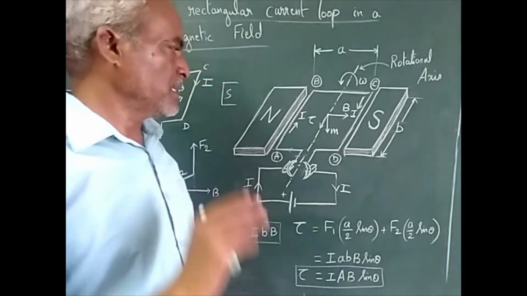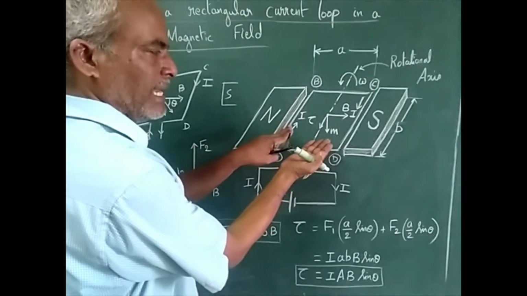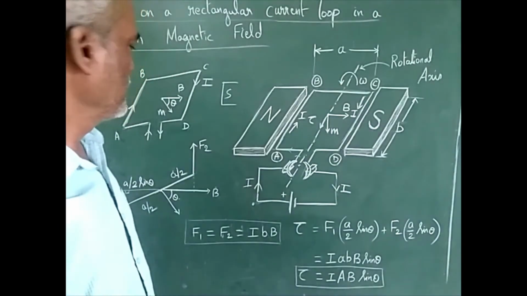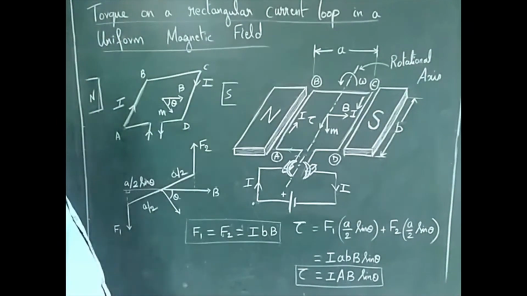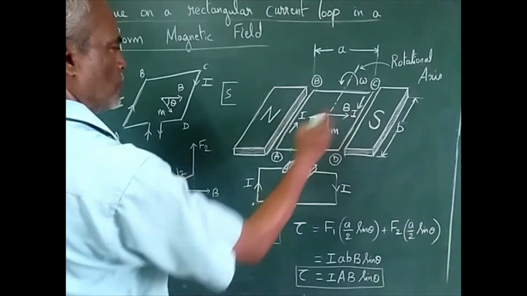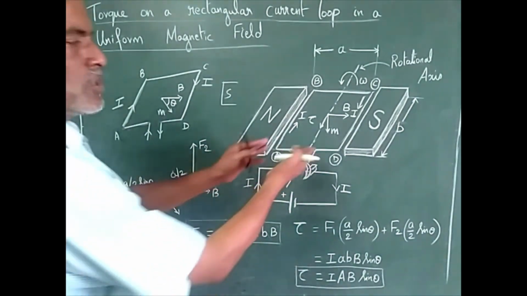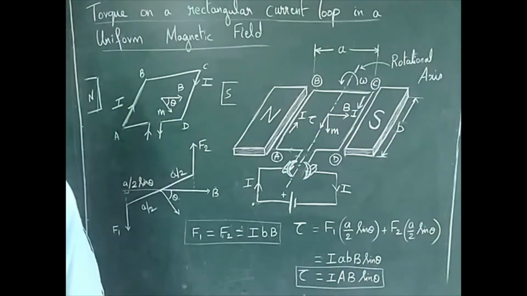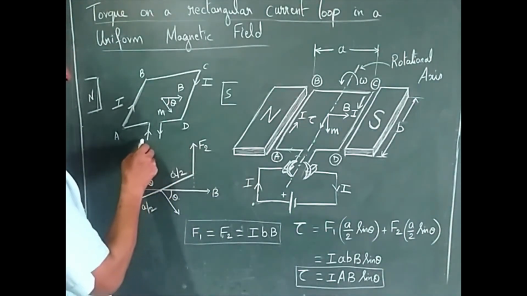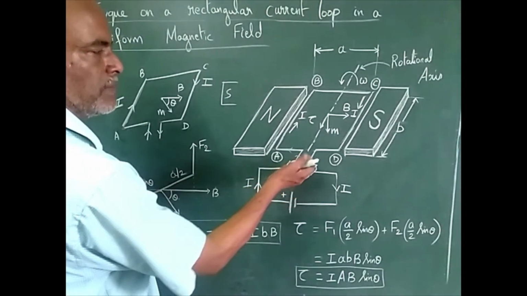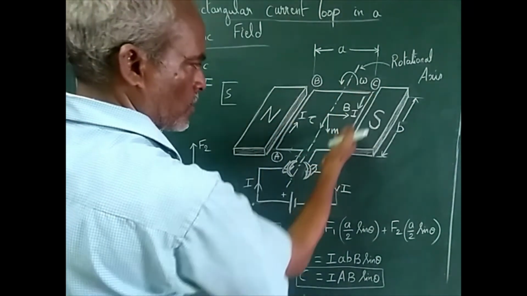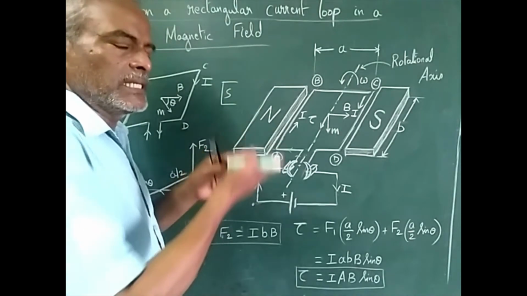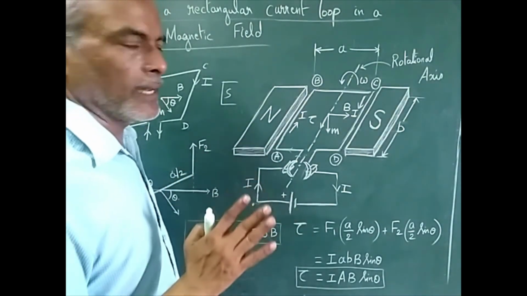Now assume that the coil has tilted with an angle. So that's what is represented here. Same North Pole, South Pole. This coil has tilted by an angle theta. So now if you see the current, same current enters, but the plane of the coil is not along the magnetic flux density, but it has tilted with some angle, say theta.